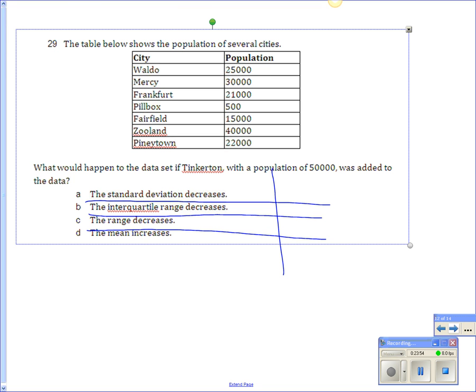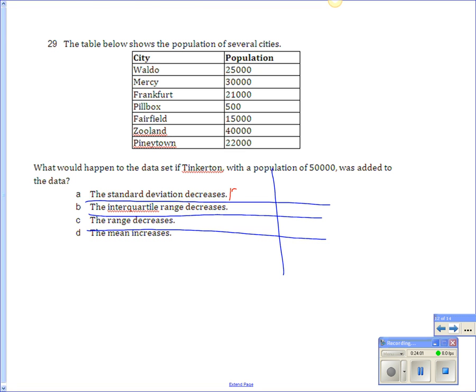All right, Faith, what are you getting for the standard deviation? Say it again. 12,309. Oh, yeah, like this. Like that, right? Okay.